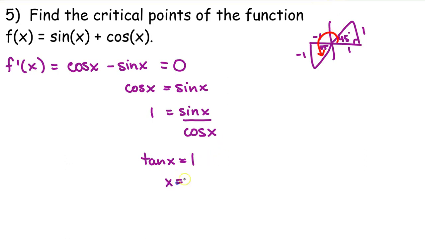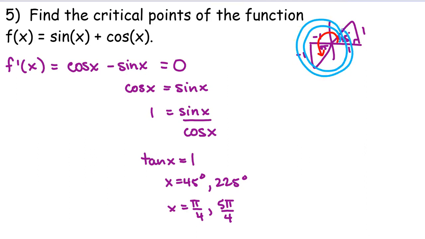So if x is 45 degrees or 225 degrees, that's the same thing as saying that x is pi over 4 radians or 5 pi over 4 radians. But notice that we weren't given any kind of interval here, so we're actually looking for all of the infinitely many answers. And if you were to go around the circle again, you would get another answer, and again, another answer, and there's infinitely many that are coterminal with each of those.